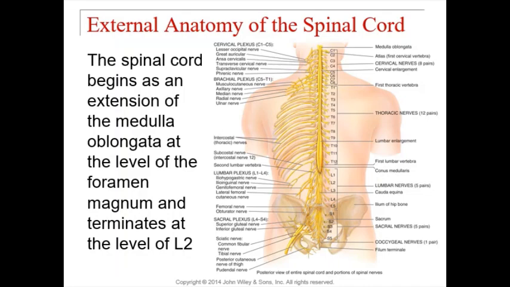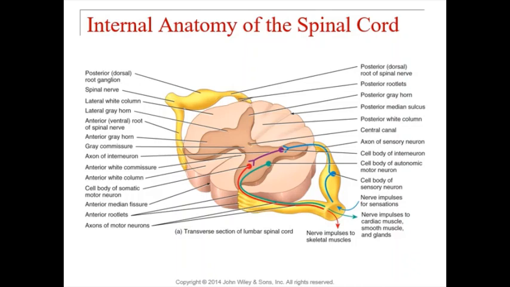So now you know some external anatomy, kind of how it begins and ends. And so we could begin to look inside the spinal cord. And that's what you see in this image. They've cut open the spinal cord in a cross section, or what we call a transverse section. And you can see right off the bat something about spinal cord anatomy.